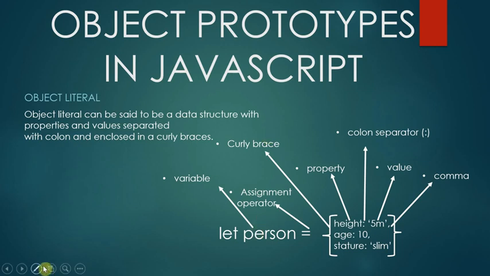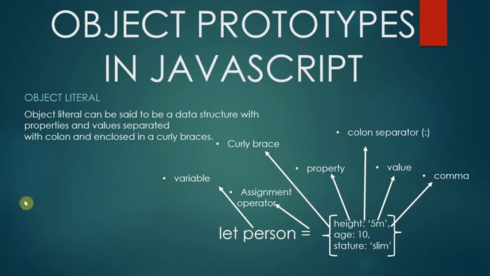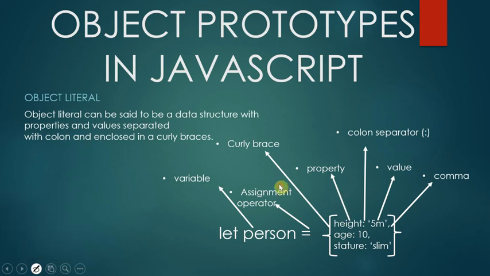If I go on with a red pointer here, you can see the curly braces pointing to this, and you can see the property and value separated by a colon.